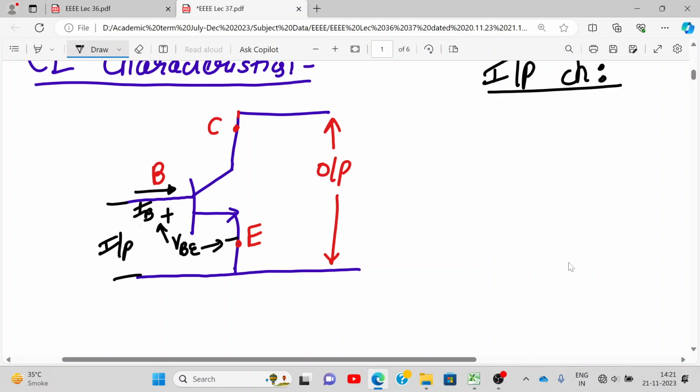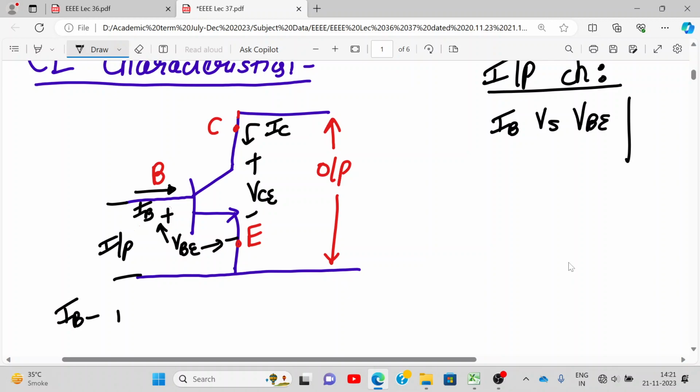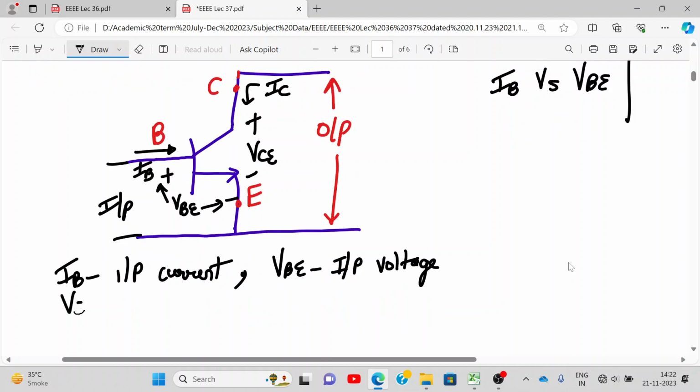So it will be a characteristic between IB versus VBE at what constant? Can you tell me? At output voltage constant. And what is the output voltage? VCE. What is the output current? IC. So first of all, write down IB is the input current. Write down this please. VBE is my input voltage. What is VCE? Output voltage.